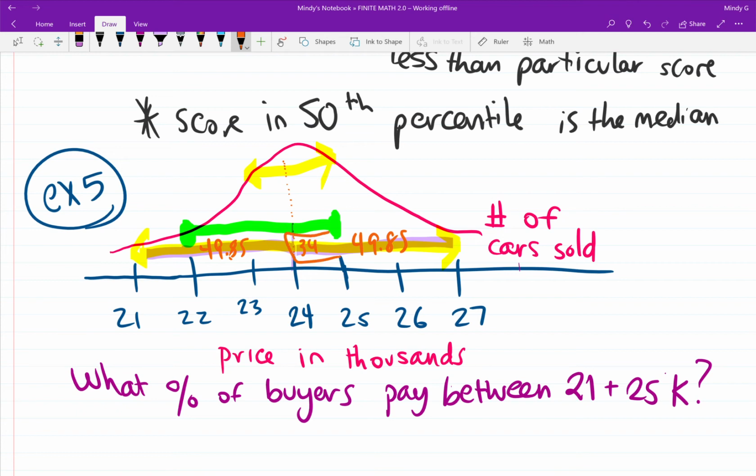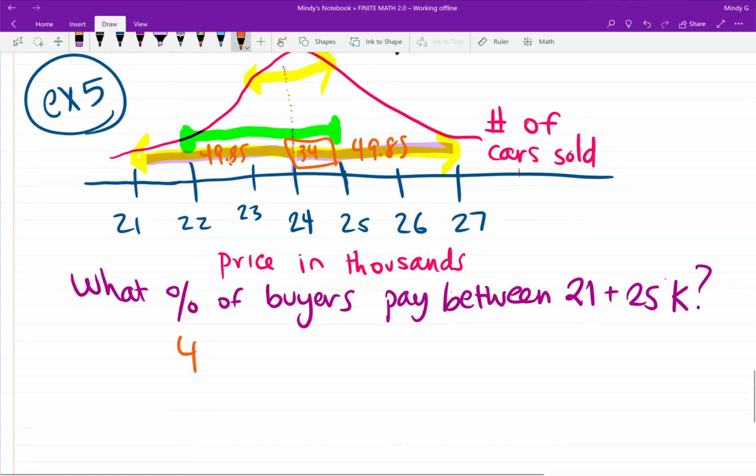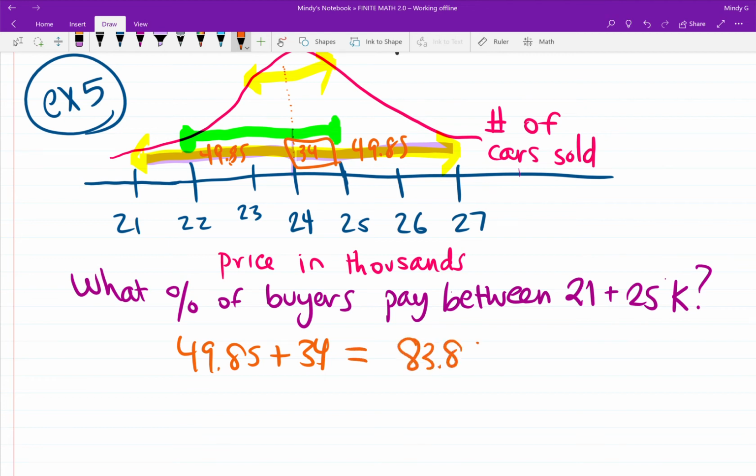Just add them. 49.85 plus 34, which is 83.85%. And just round however the computer tells you to round. Yes? All right, let me just ask another question about this data set.